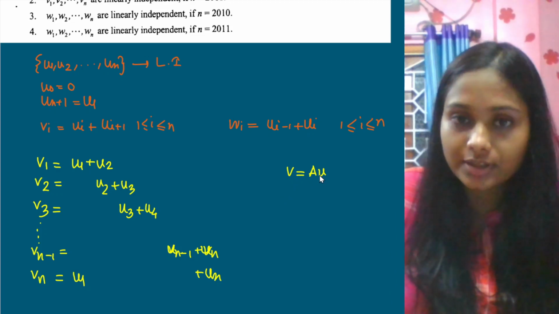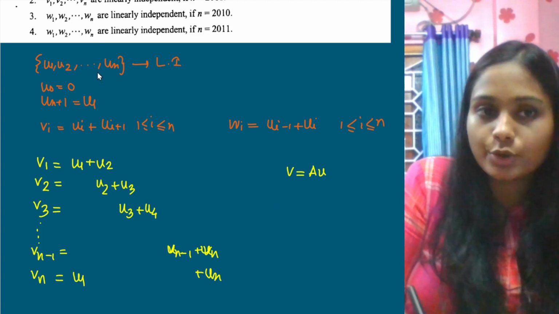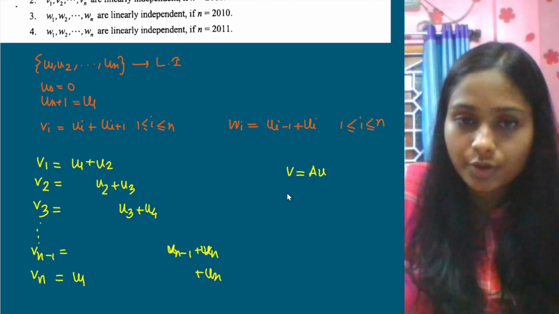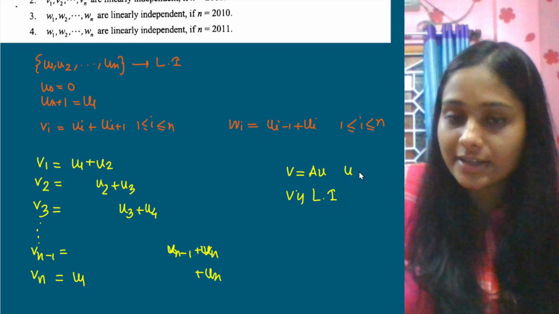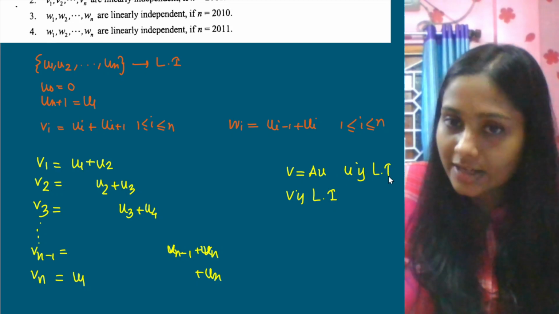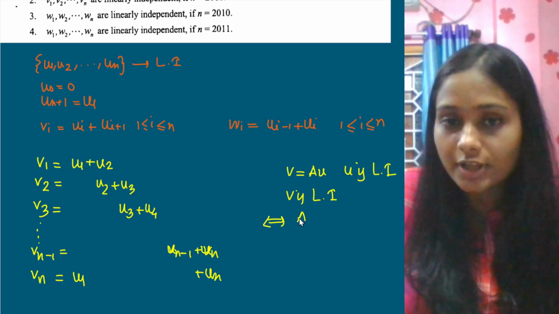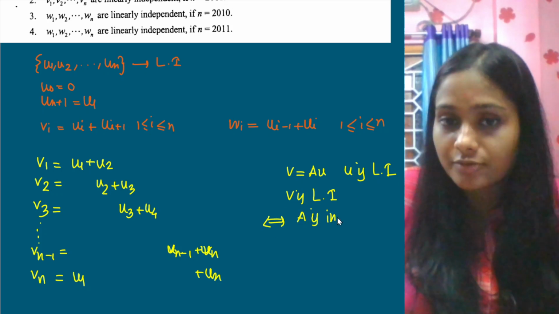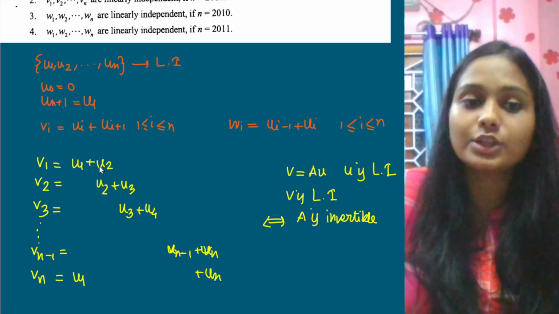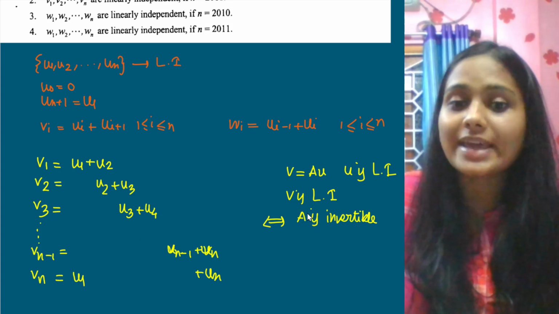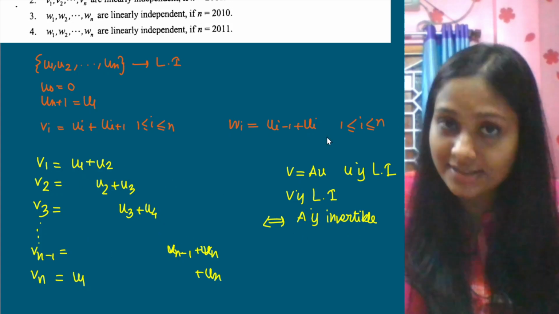So here it is given that u equals to u1, u2 up to un, and u is linearly independent. So v is linearly independent if and only if A is invertible. So we need to check what will be the matrix A in this case.